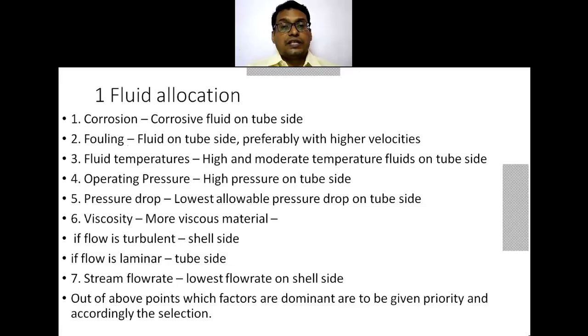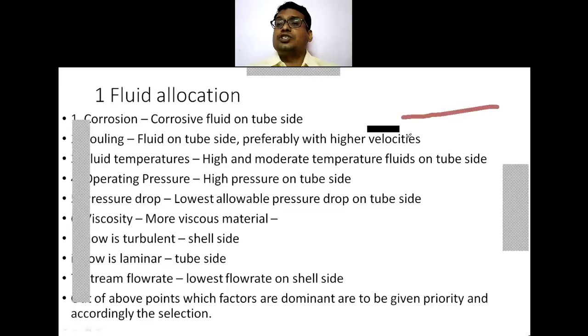One by one we will study these. Fluids which are corrosive in nature should be kept on the tube side. Why? Because a corrosive fluid will only corrode the inner surface of the tubes, and as a result I can select a proper material of construction for the tubes.